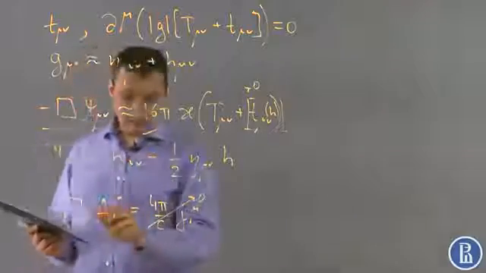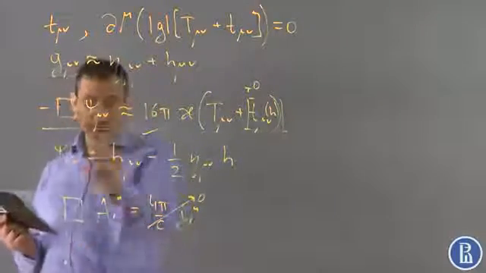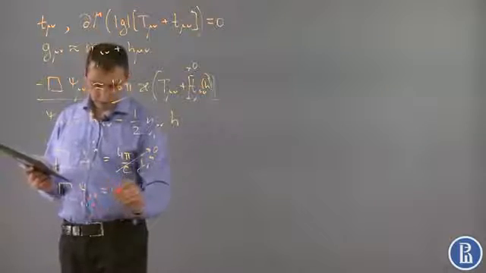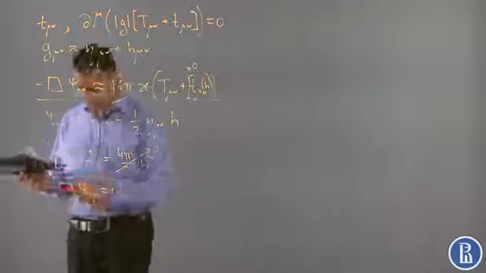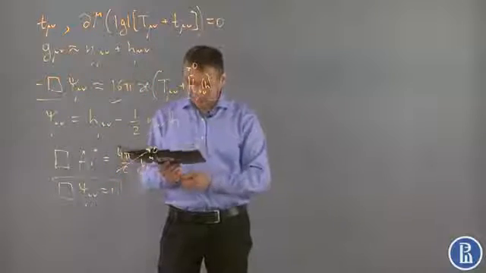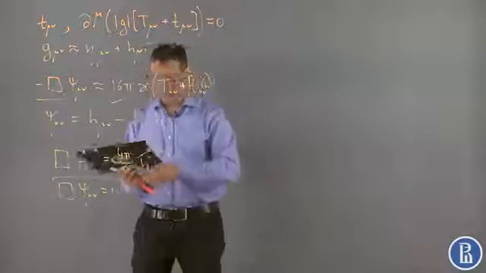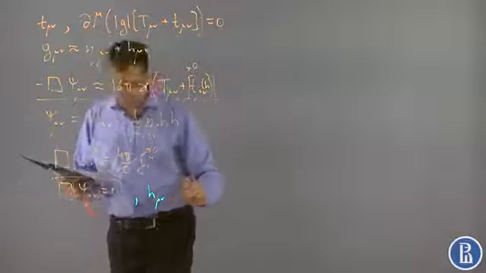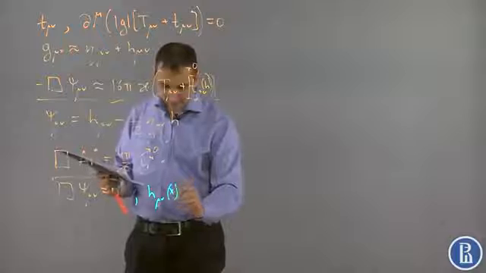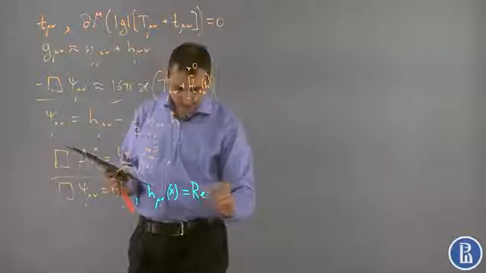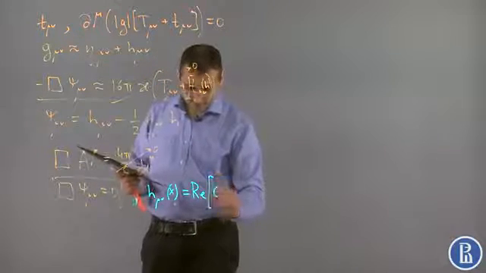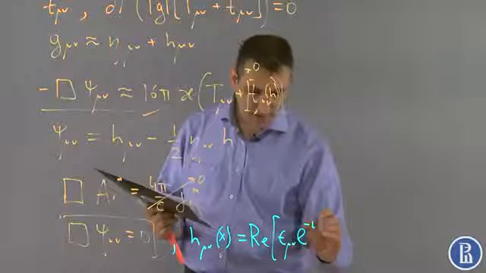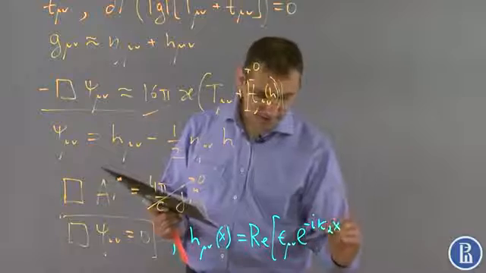Now, similarly to this situation, we want to look for the solution of this equation, box psi^{μν} equals 0. We want to consider the solution of this equation in the following form: that h^{μν}(x) is just the real part of epsilon^{μν} times exponent of minus i k_α x^α.